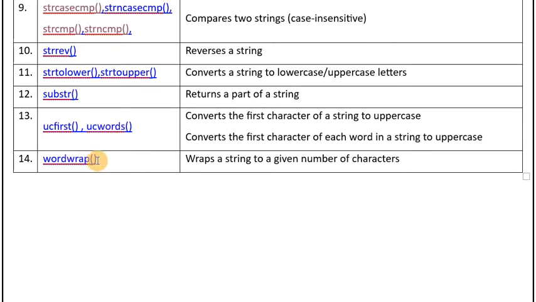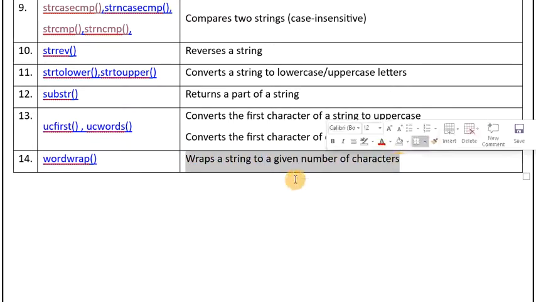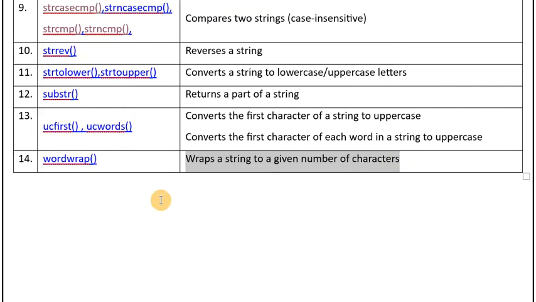And the another function is wordwrap. So let me show you this one. It is basically used to wrap a string to a given number of characters. Means after a particular given number of characters, it will wrap the string in PHP. So let me show you the example here.